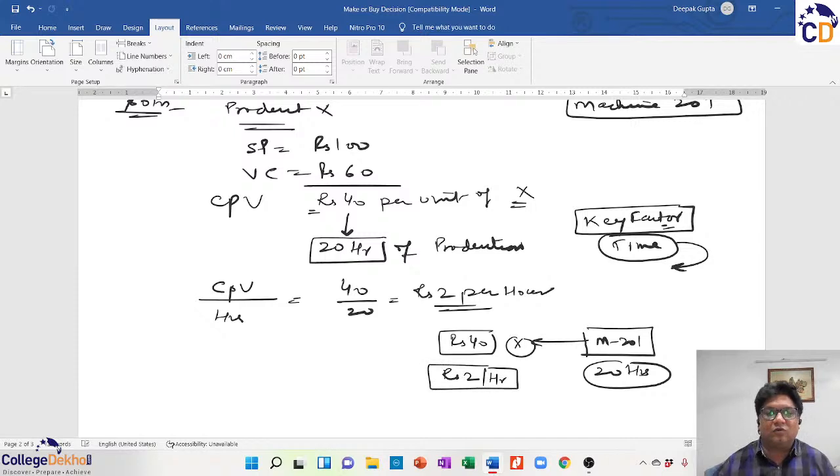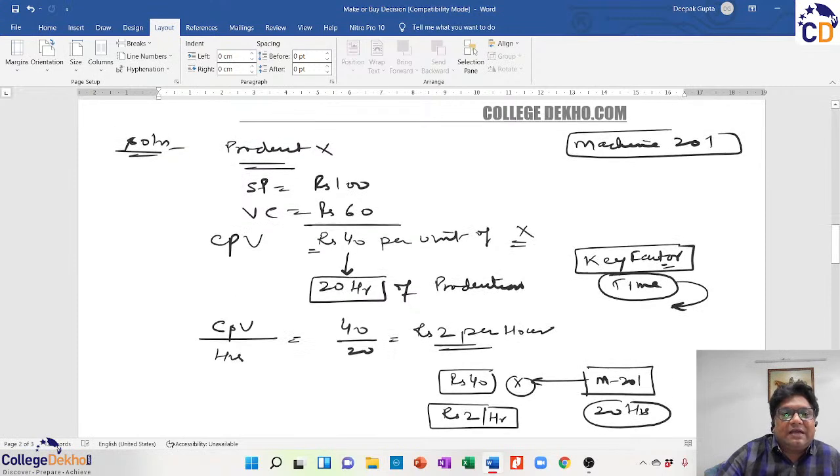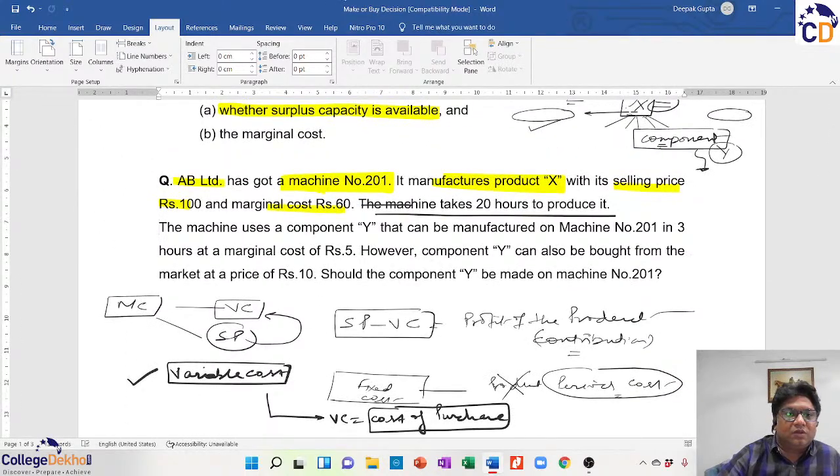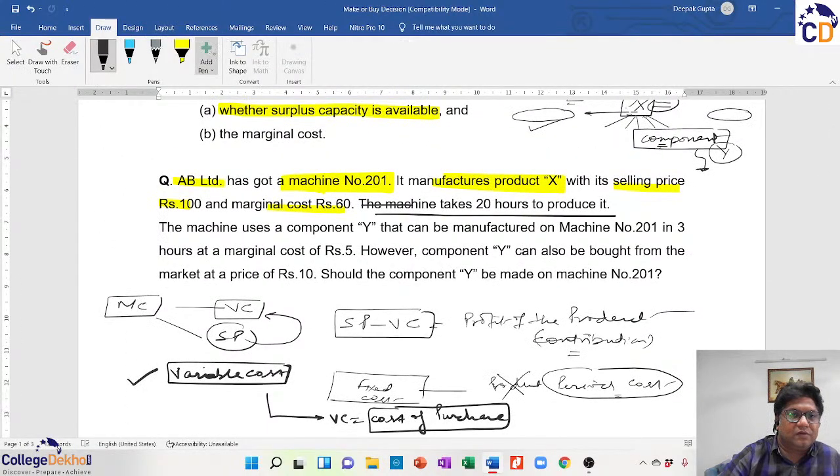So we will have to focus our decision of comparison and making a choice on the contribution per key factor, that is contribution per hour, which in this case is ₹2 per hour. Now if I go further to the question, as you see here, this machine uses a component Y. So now we have a separate product with which we will start our comparison, which can be manufactured on machine 201.